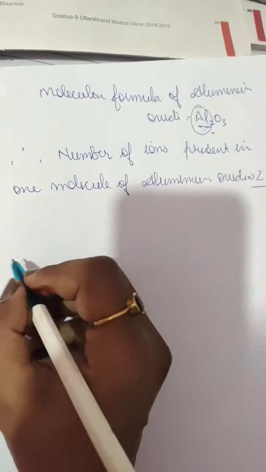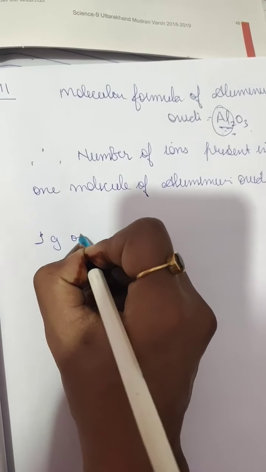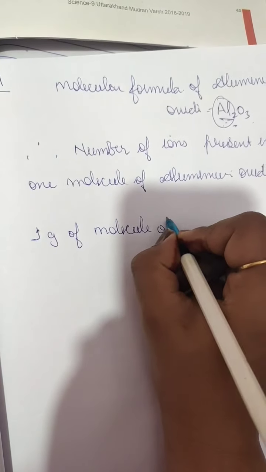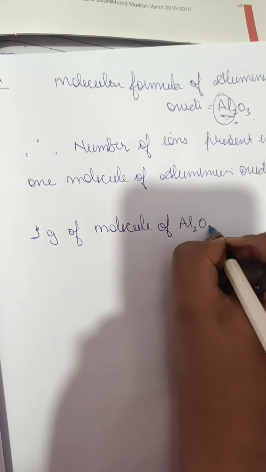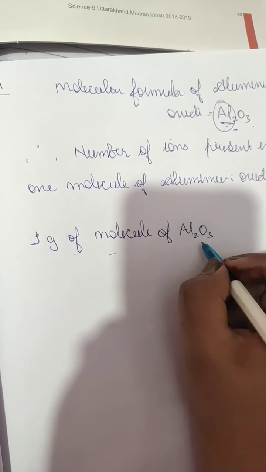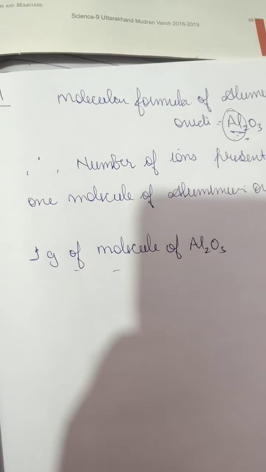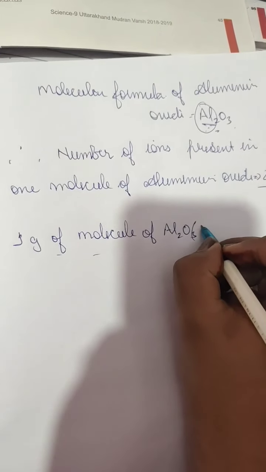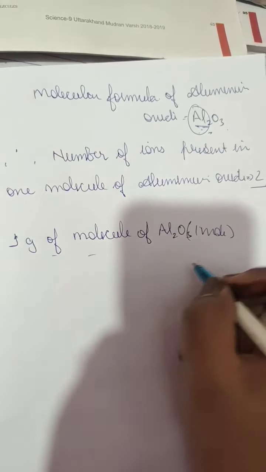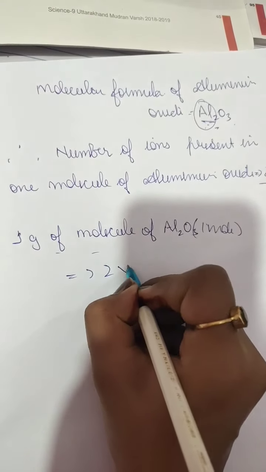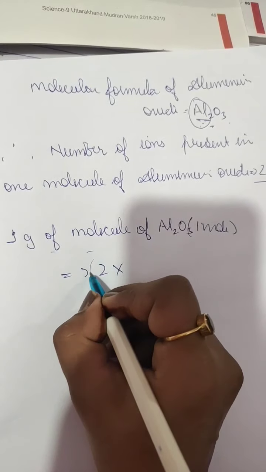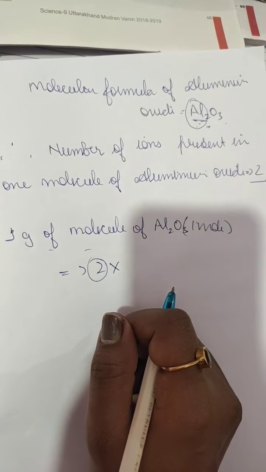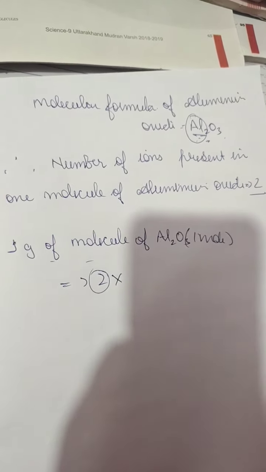Okay, so 1 gram molecule of Al2O3. So 1 gram molecule means 1 mole. In 1 mole, it will be 2 into gram atomic mass of Al plus 3 into gram atomic mass of O, because there are 2 atoms of Al in Al2O3.